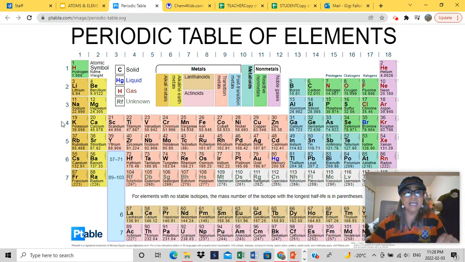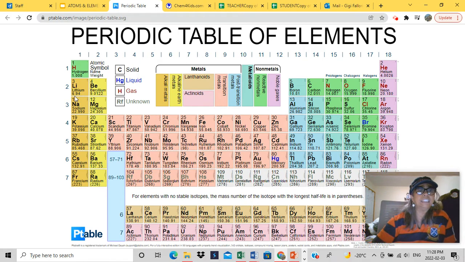For instance, if I have lithium here, it is 6.94 rounded off. So that's a 7. 7 now is the mass, right? And of course, the atomic number is the same as the number of protons. So remember that.